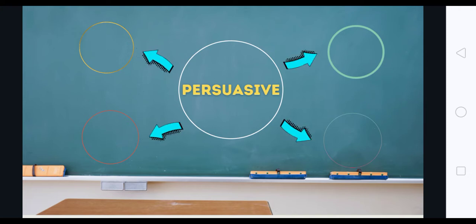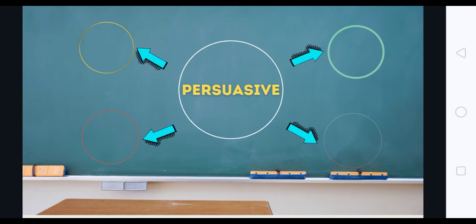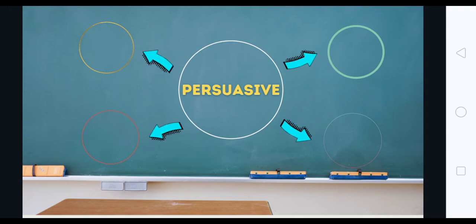What you can see in the presentation is an example of a concept map, wherein at the center you can see the word persuasive. It is inside the big circle. Then, on the 4 sides or 4 corners, we have 4 small circles. Your task is to think of a word synonymous to the word persuasive. What comes to your mind when you hear the word persuasive?